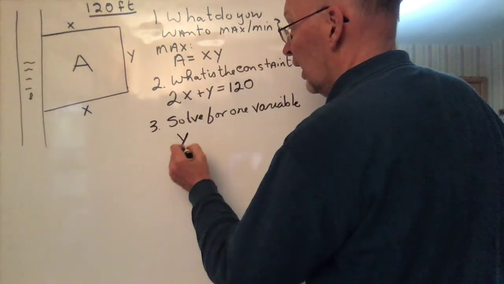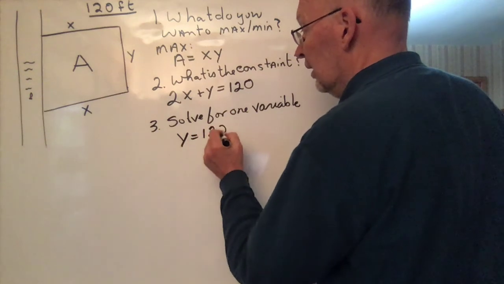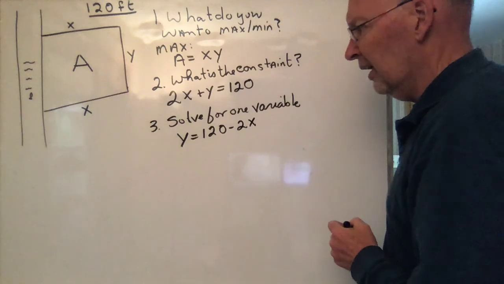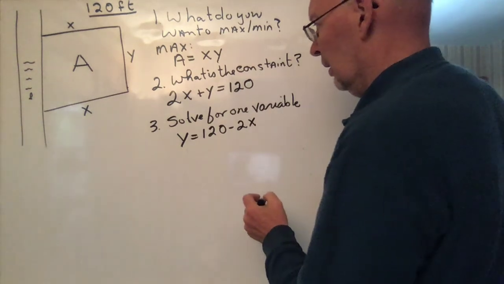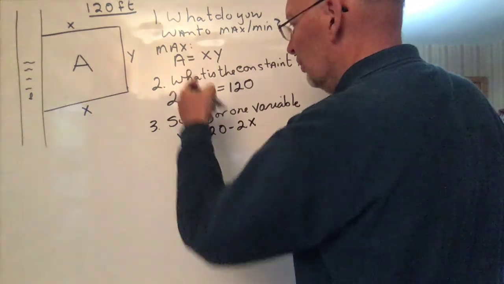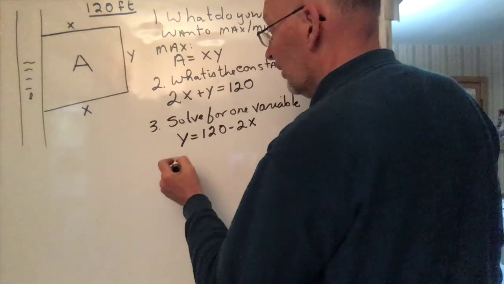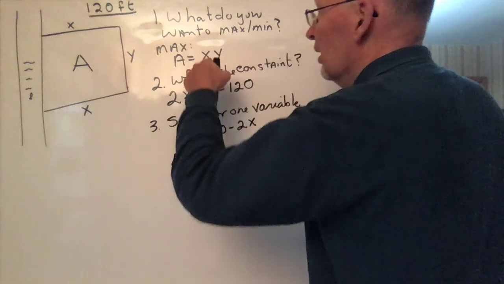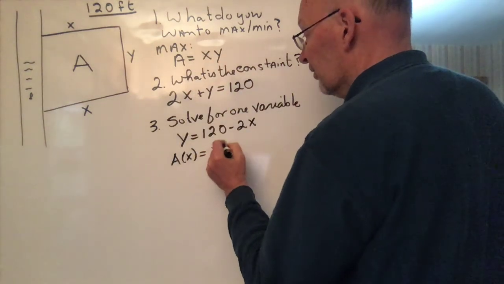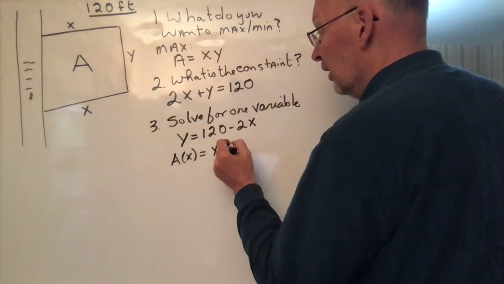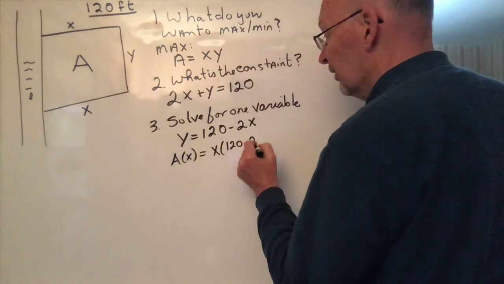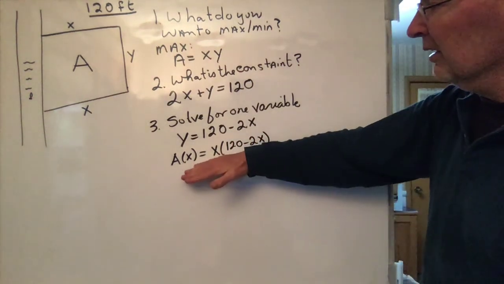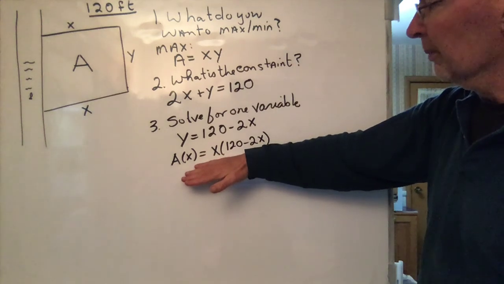I'm going to write y is equal to 120 minus 2x, and then let's see, I might as well include this in one step, and so then A, just in terms of x now, is going to be x times y, which is equal to x times (120 minus 2x).